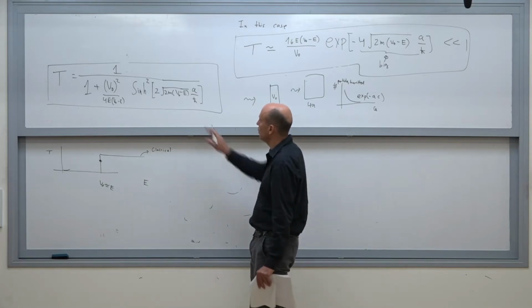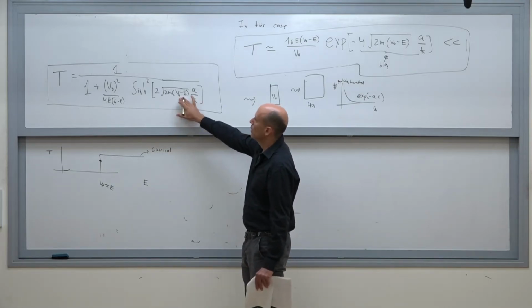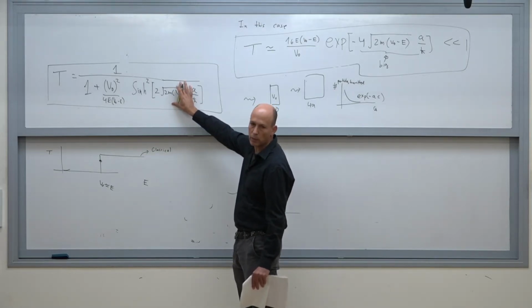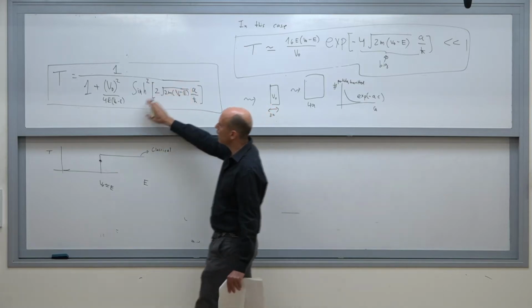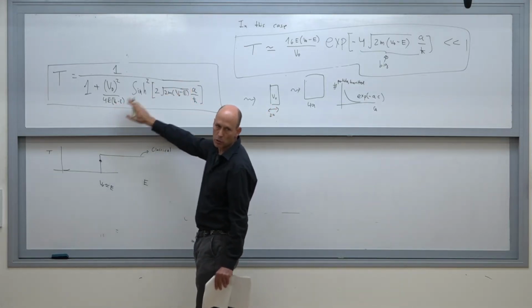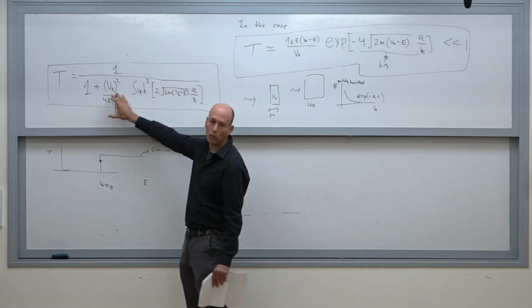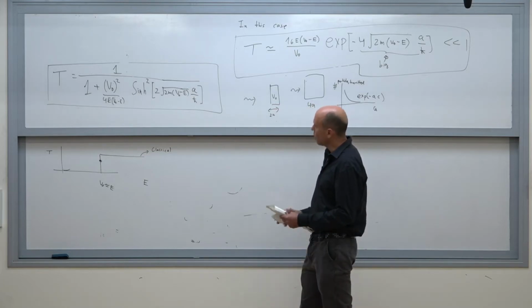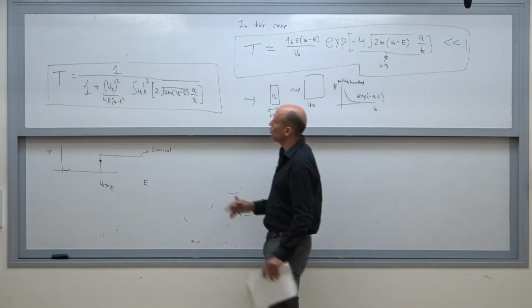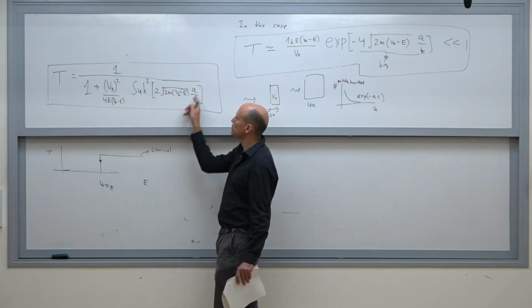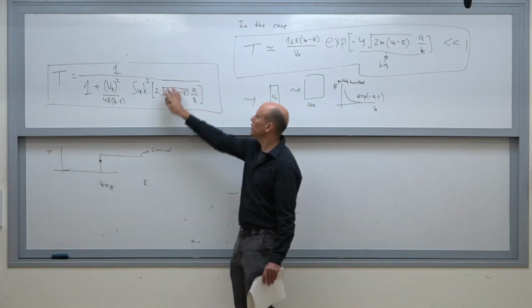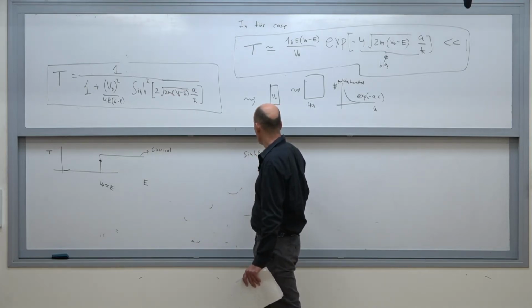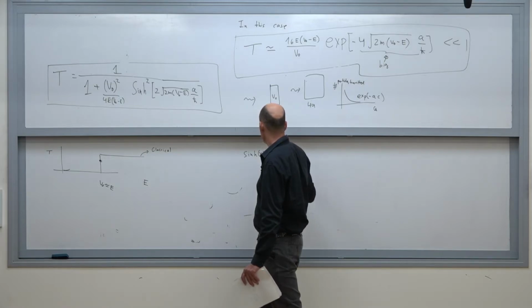I take just V0 equal E. There is a slight problem, because with V0 equal E you get 0 here. Sine hyperbolic of 0 is 0. That's okay, but downstairs here I also get 0. So what I get here is 0 over 0. But what is the sine hyperbolic close to when its argument is small? It's the argument itself, because sinh x, when x is small, is x.